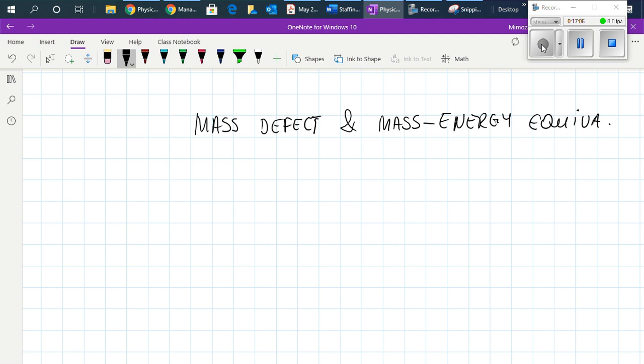All right, so when we were working with proton and electron and all those other particles up to now, we said that the mass of a proton is 1.67 times 10 to the power of negative 27 kilogram. And this is from your periodic table, sorry, from your data book.